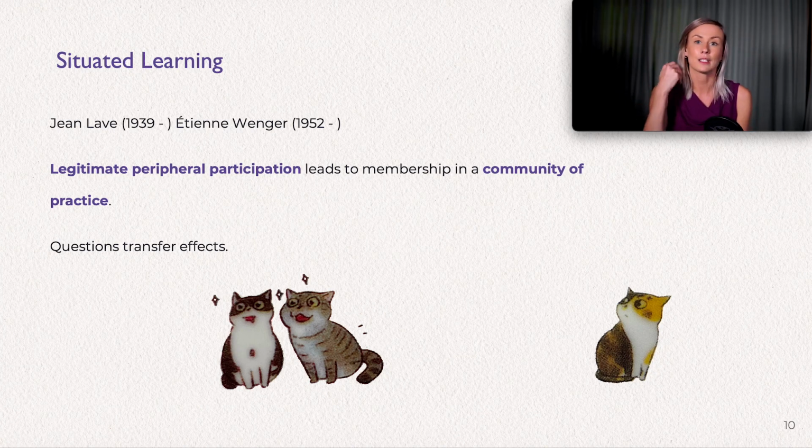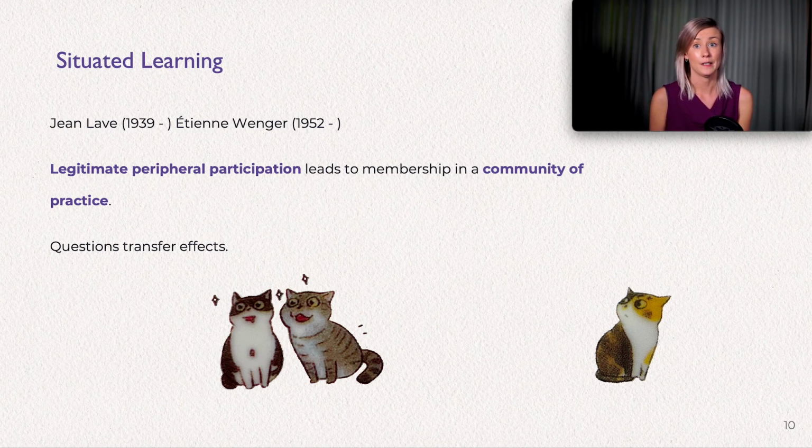Situated learning questions transfer effects. This connects to what I talked about in the Learning in Praxis video, about how we are bad at using knowledge from one context in another. And since the situated learning perspective sees learning as something happening in a specific context and community, that leads to questioning transfer effects.